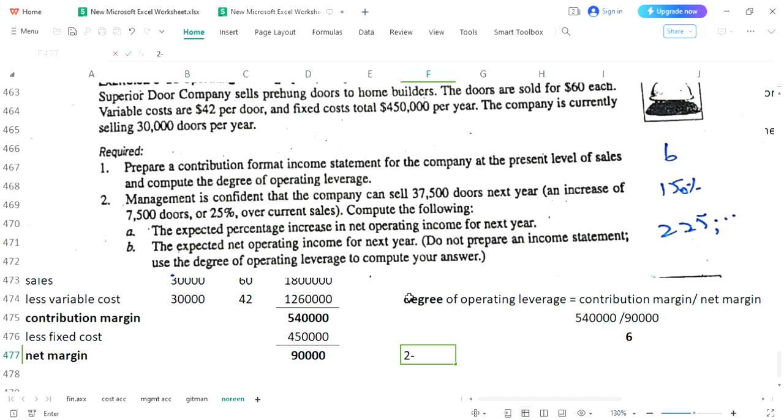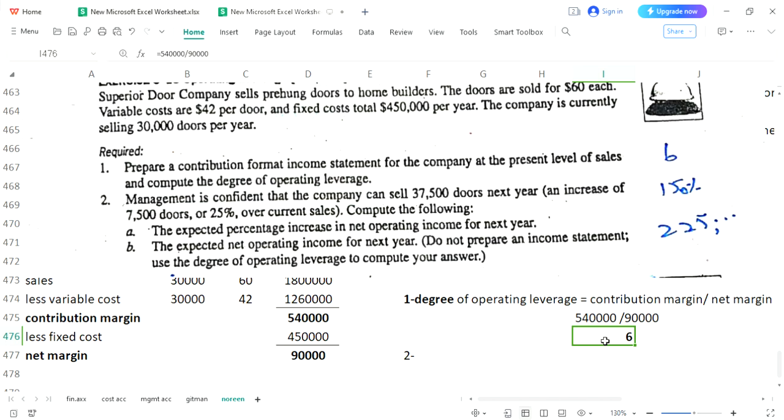Here we have completed our first requirement, and now we are going to complete our second requirement. It's very simple. If you want to calculate the percentage of any element, just use that percentage with the degree of operating leverage. This is such a helpful element for you to calculate any missing figure. What he wants us to calculate is net operating income.